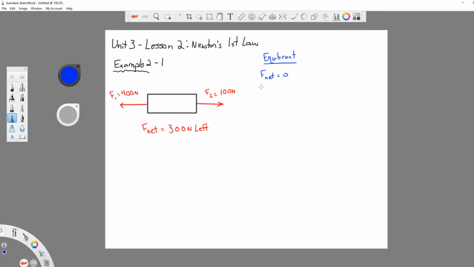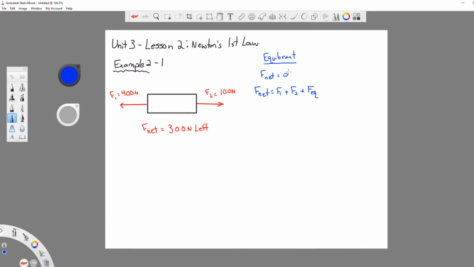So what are we going to do? Well, let's write out our F net formula. F net is going to equal F1 plus F2 plus F3. I'm going to call my F3 my force of equilibrant. You can just call it F3 if you'd like, but notation, as long as you're specific in your answers, I don't really care what you put for notation, as long as it's clear what you're conveying.